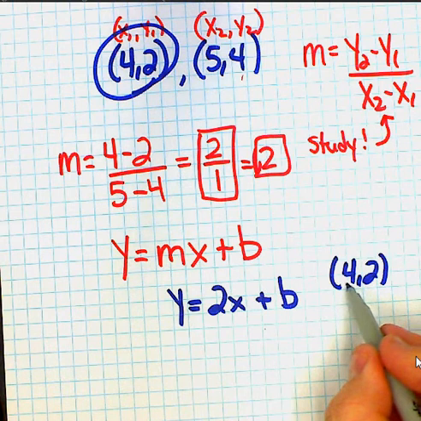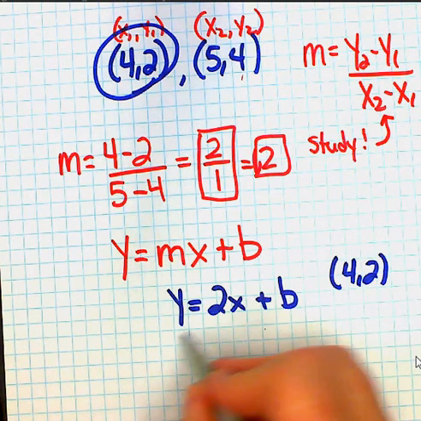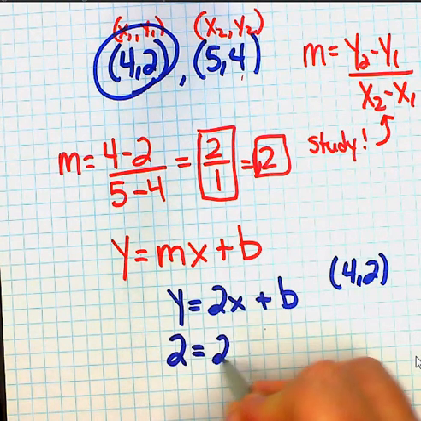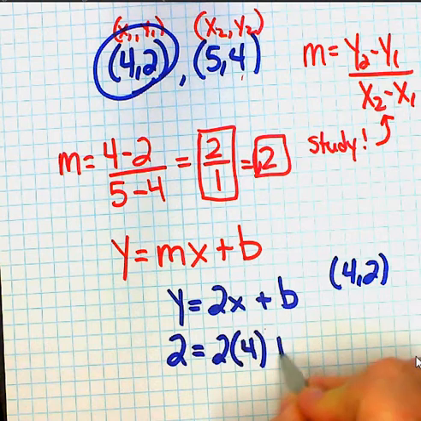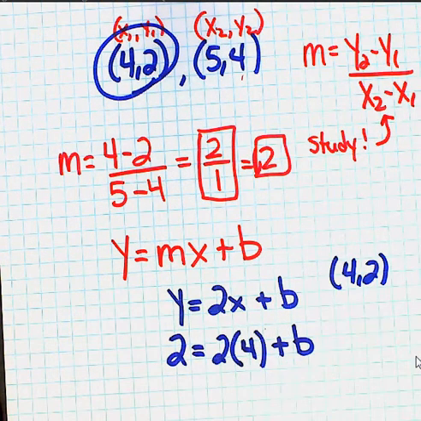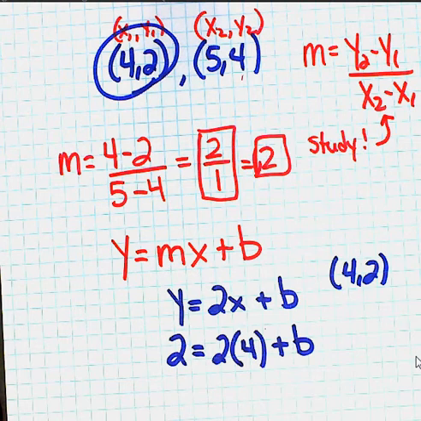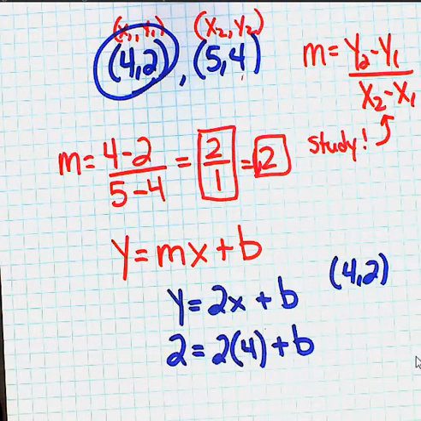When I let x equal 4 and I let y equal 2, I get 2 is equal to 2 times 4 plus b. Once I plug the 2 and the 4 in, can I solve for b now? Sure, there's one variable that's left. So if I solve for b, watch what I get.